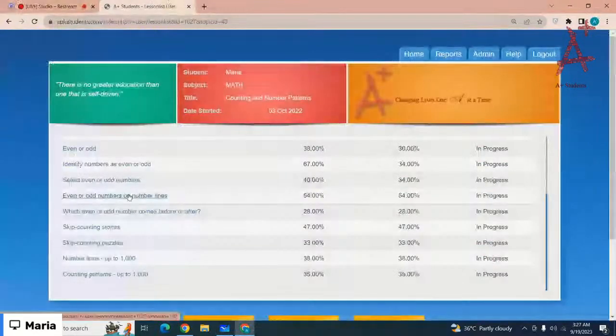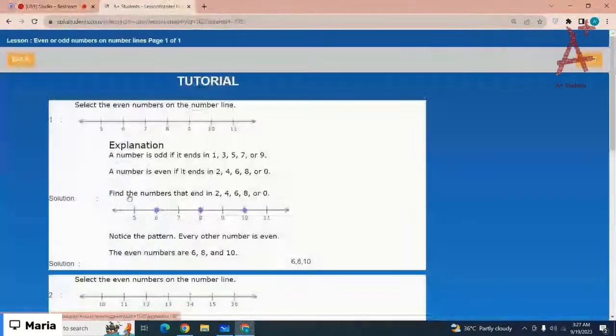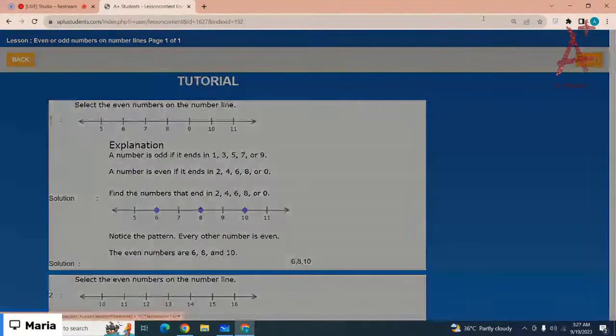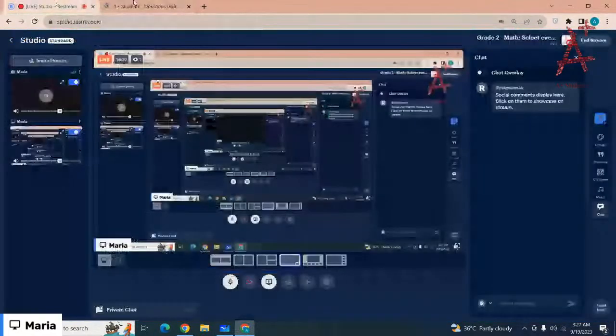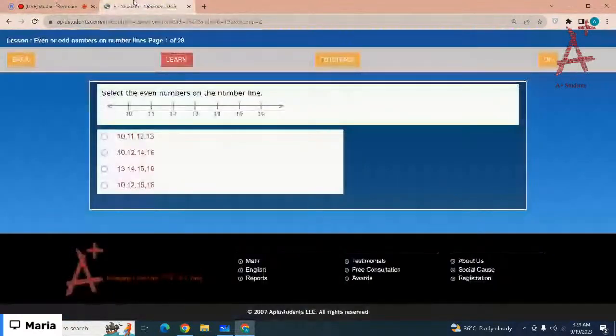Okay, here is the lesson, that is even or odd numbers on the number line. First, let's just do the practice questions from this lesson. Let's just start with the practice questions. Okay, select the even numbers on the number line. So you are given a number line. Which numbers are even on the number line? Numbers that can be divisible by 2.